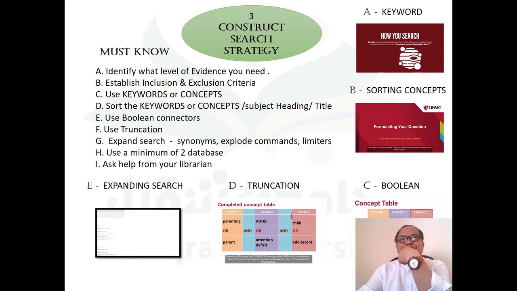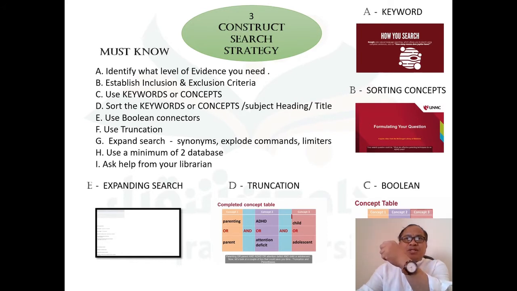Second, when you want to search, you have to establish the inclusion and the exclusion criteria. What do you mean by that? Inclusion means to include, exclusion means to exclude, meaning what you want to take and what you want to throw. Inclusion and exclusion criteria go like this.